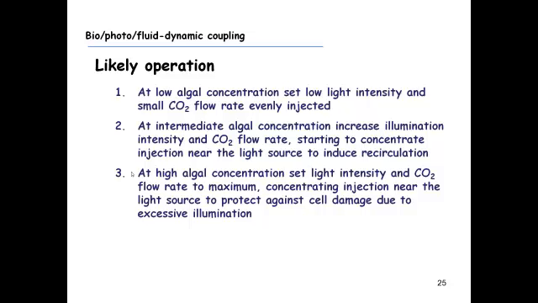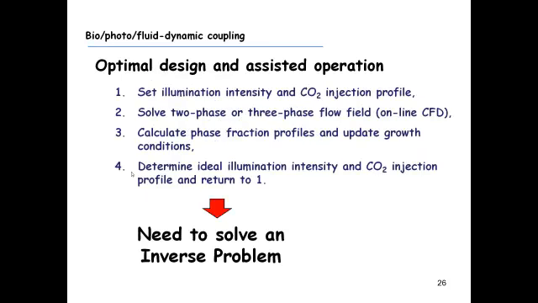A third operational situation would be at high algal concentration. It would be interesting to set light intensity and CO2 flow rate to the maximum, and to concentrate CO2 injection near the light source in order to protect against cell damage due to excessive illumination.